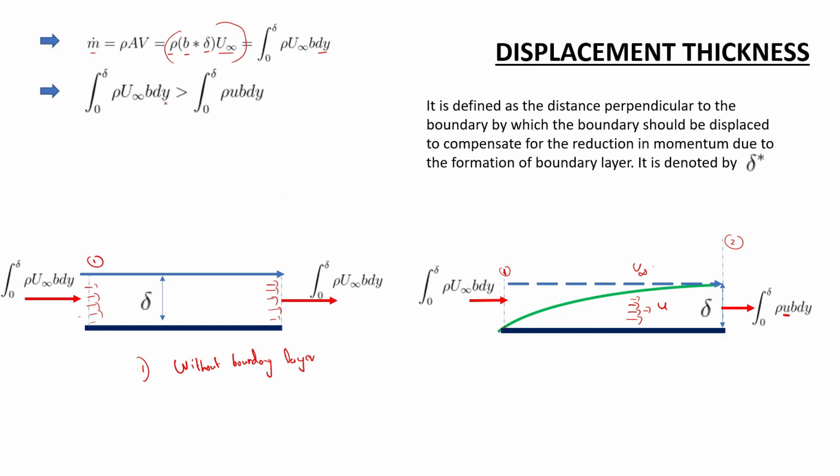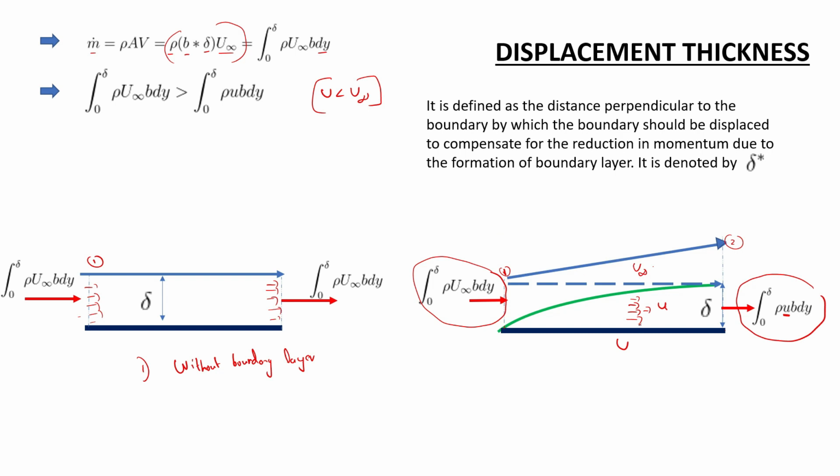And rho u infinity b dy is greater than rho u b dy, integral 0 to delta, because the mass flow rate here will be more than the mass flow rate here, because u is less than u infinity. The rest all remains same. So what happens to the rest of the mass flow?